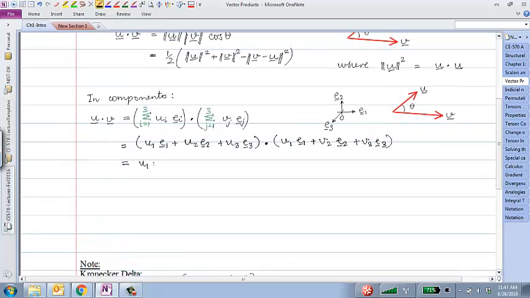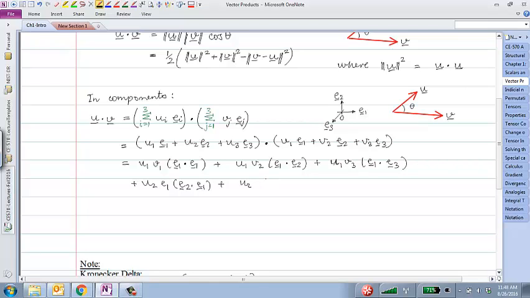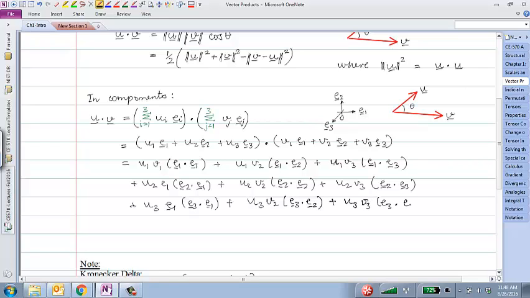So we'll have U1 V1 E1 dot E1 plus U1 V2 E1 dot E2 plus U1 V3 E1 dot E3 plus U2 V1 E2 dot E1 plus U2 V2 E2 dot E2 plus U2 V3 E2 dot E3 plus U3 V1 E3 dot E1 plus U3 V2 E3 dot E2, and finally U3 V3 E3 dot E3.